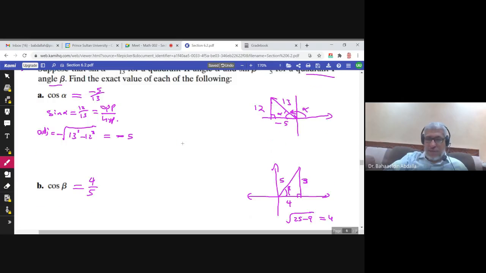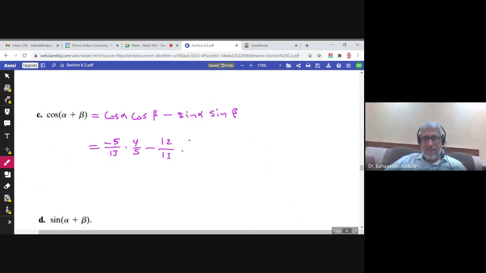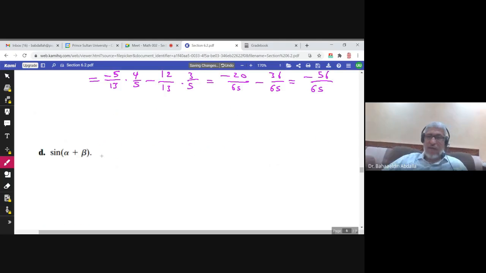Sine beta, what is sine beta? 3 over 5. And then you multiply. This is negative 20 over 65, and this is 36 over 65, and then you add. So you have negative 56 over 65. That's cosine alpha plus beta.